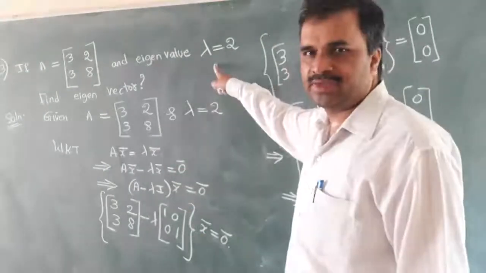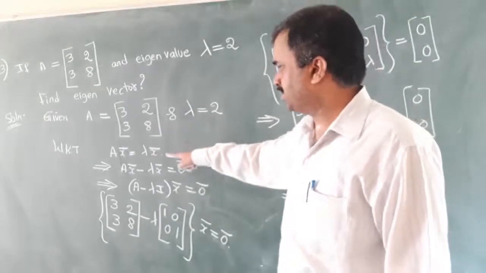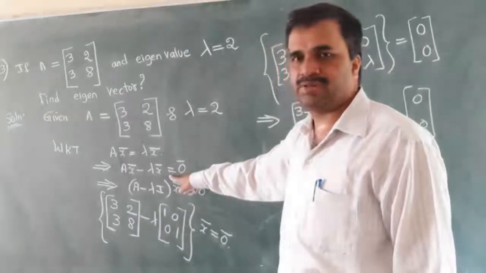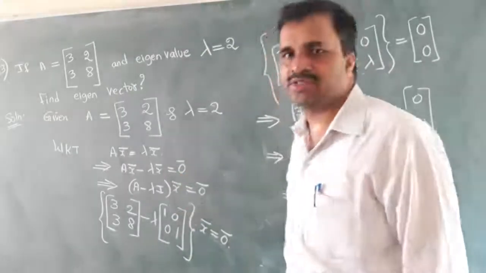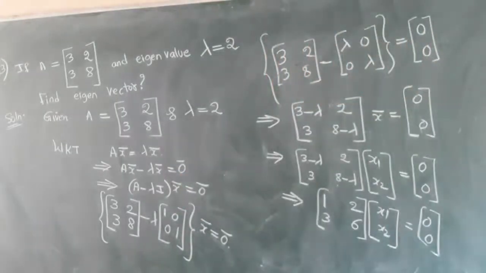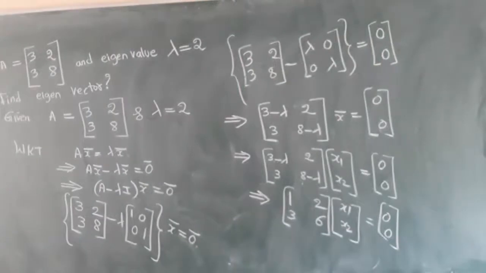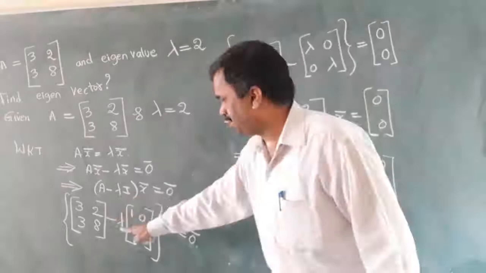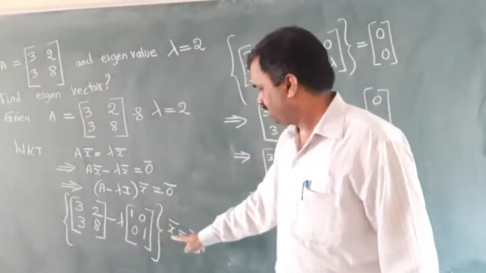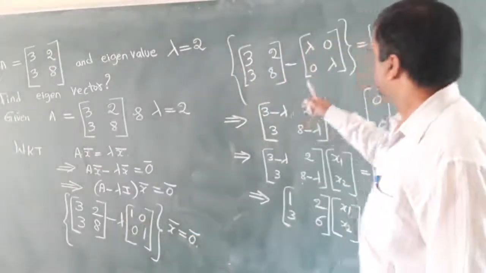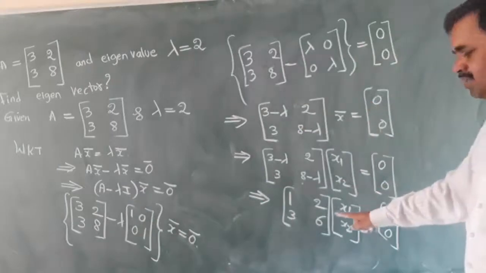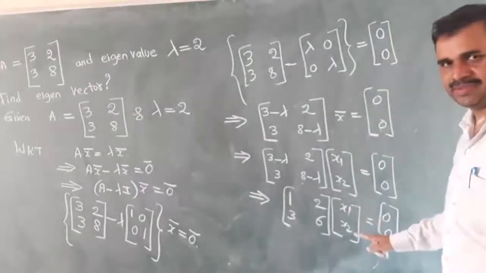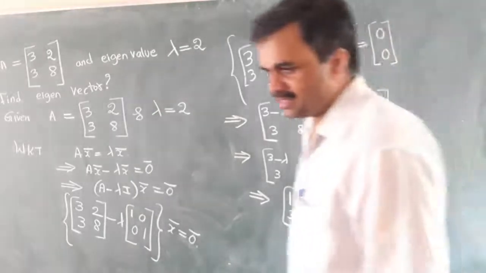The lambda value 2 is given, but we know the condition A x bar equal to lambda x bar, so A x bar minus lambda x bar. From this I got these conditions. Let's copy the remaining part: A minus lambda times the identity matrix, times x bar, equal to 0 bar. Simplifying, I got this matrix. I have to solve it so that we can find the values of x1 and x2.